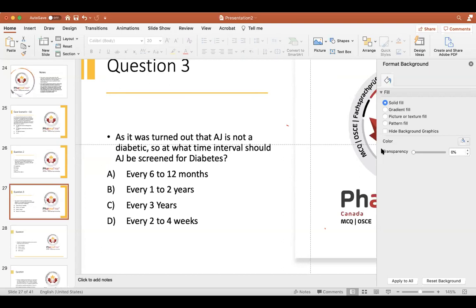So if this patient has a risk factor or doesn't? Above 40, every 3 years. Below 40, no screening needed if there is no risk factor.